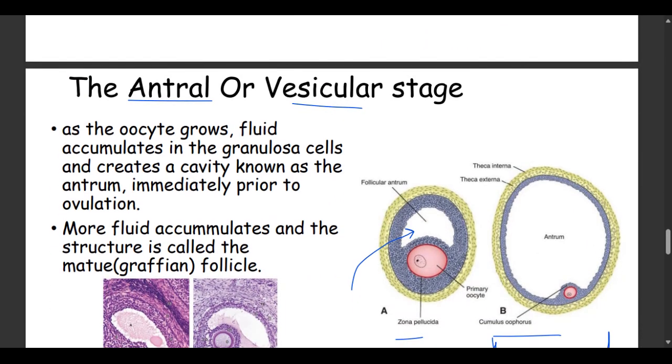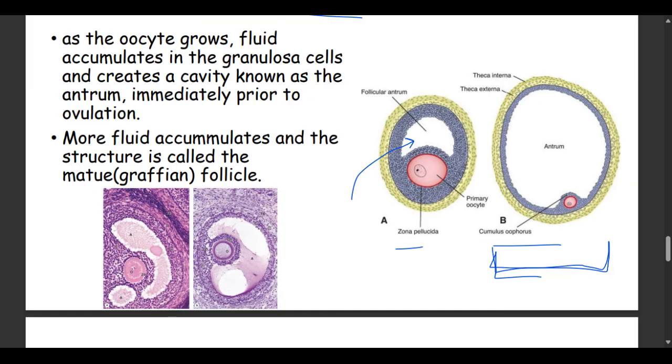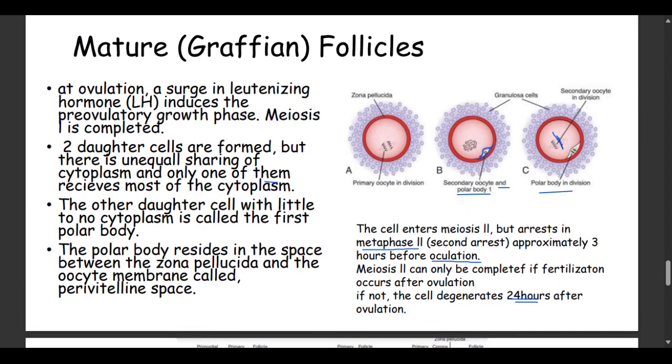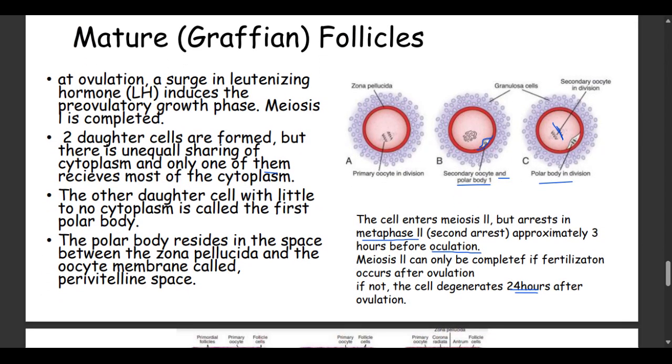And after the antrovesicular stage, you will now have the mature Graafian follicle. So primordial, primary, secondary, and then mature Graafian follicles. This is what we have at the end of the day.